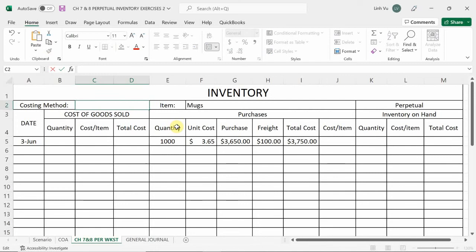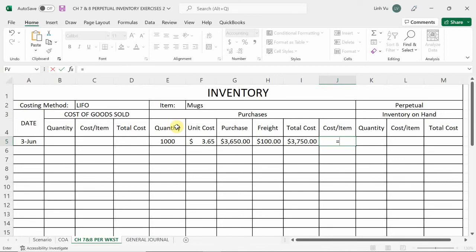That should be LIFO. So therefore, I need to figure out what my cost per item is, because I have to keep my batches separate.